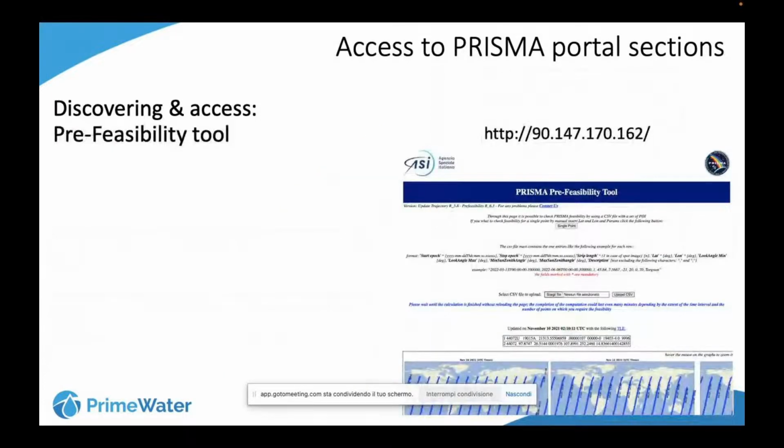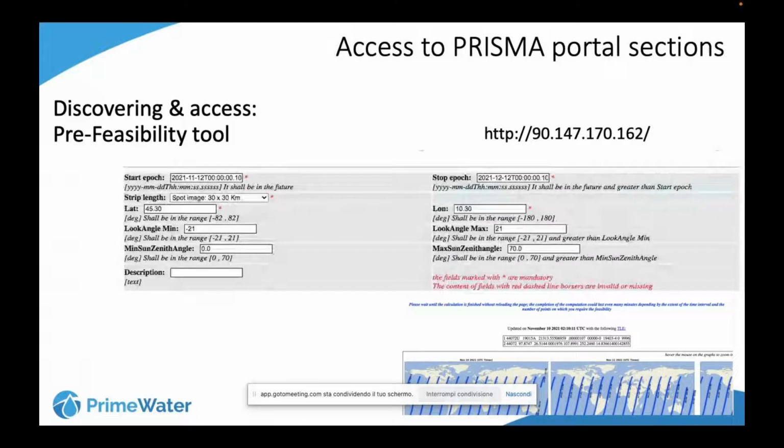Then the agency has also delivered a Previsibility Tool so that in advance you may know when Prisma will pass over your study area for certain periods. And this also can be used specifically to try to have Prisma data in coincidence with fieldwork activity or in coincidence with any other requirements of the users.